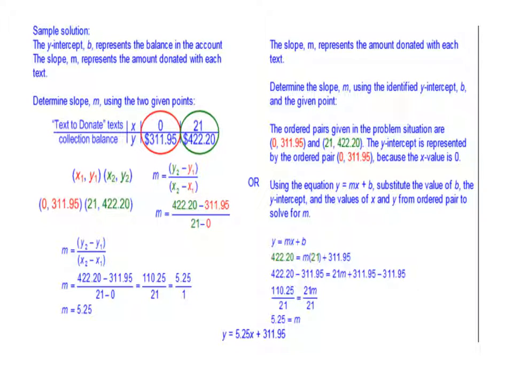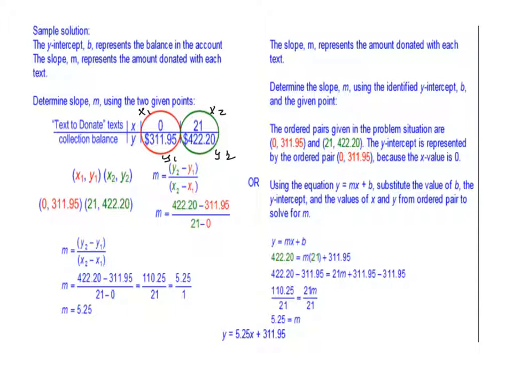So x sub 1, x sub 2, y sub 1, y sub 2. Let me write this down, make sure we understand what we're doing. So we have x sub 1, x sub 2, y sub 1, y sub 2.